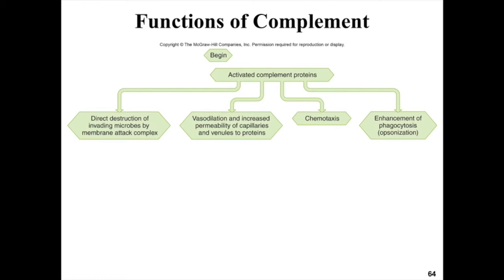So we can put these two functions aside, but we are going to focus on the membrane attack complex and on the other one that's called opsonization. So let's start exactly with this one.